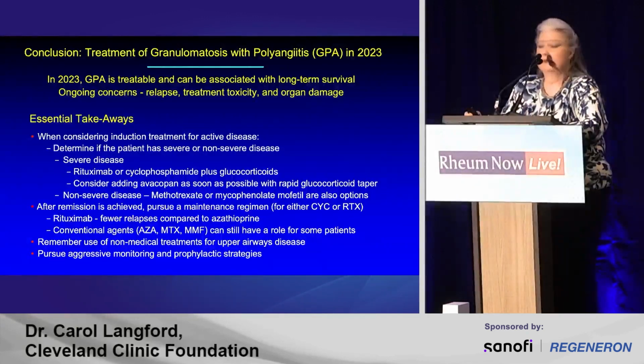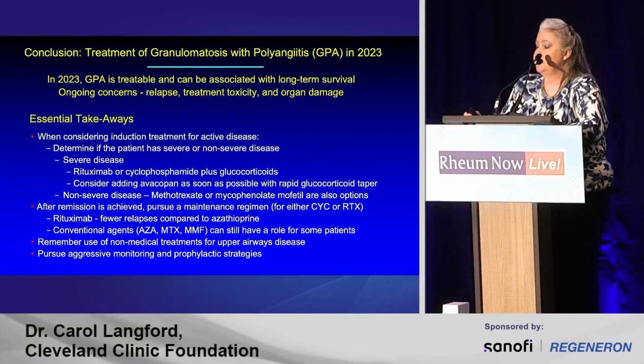If you have someone with severe disease, you're going to be deciding between cyclophosphamide and rituximab plus glucocorticoids, and considering the addition of avacopan as soon as possible with a rapid glucocorticoid taper. In the setting of non-severe disease, you have the options of methotrexate or mycophenolate in addition.